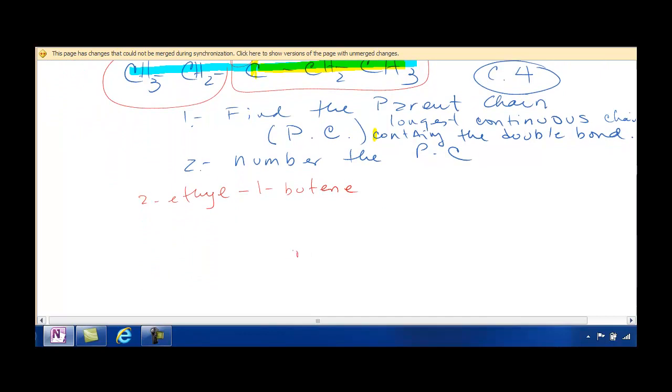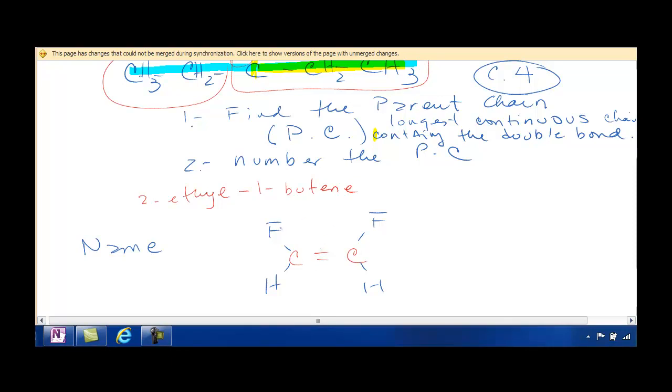Okay, when I have a double bond, and the carbons that have the double bonds have 2 different substituents.